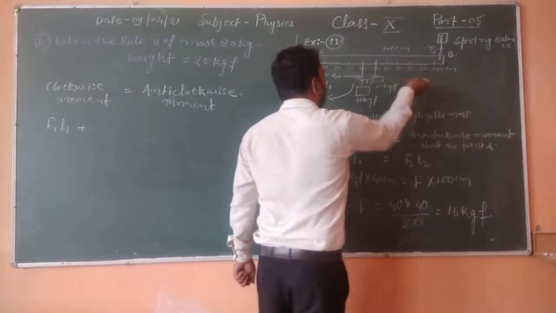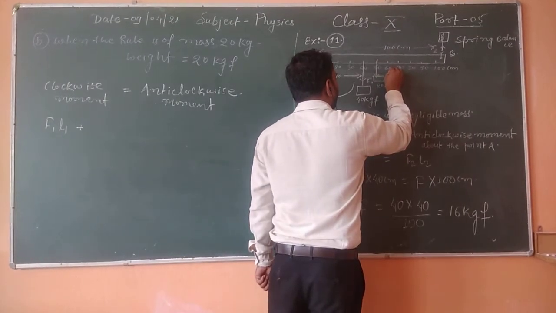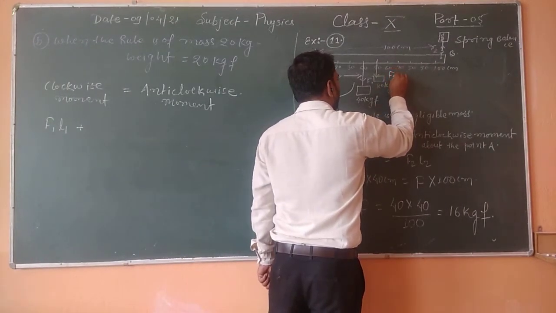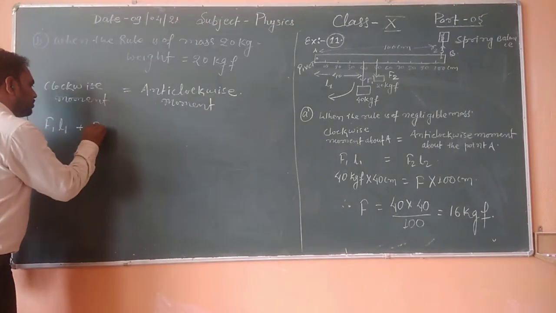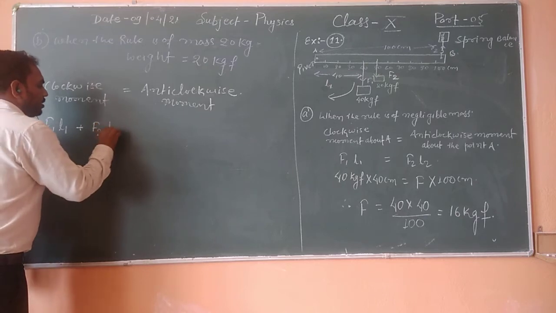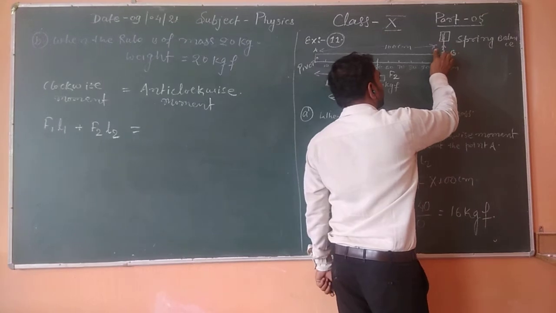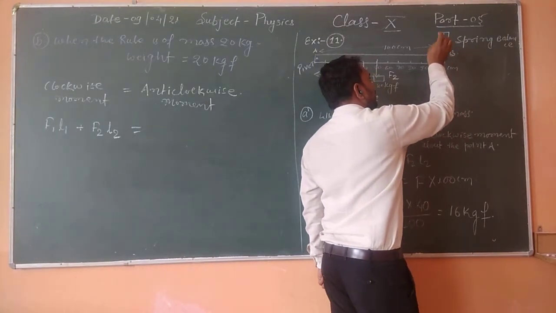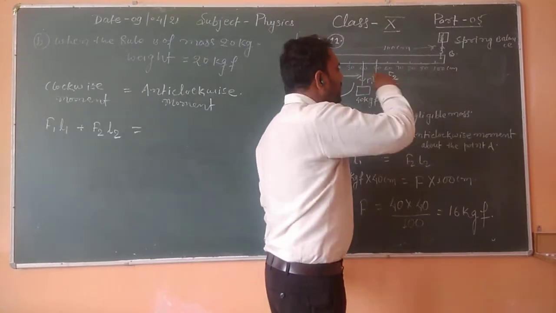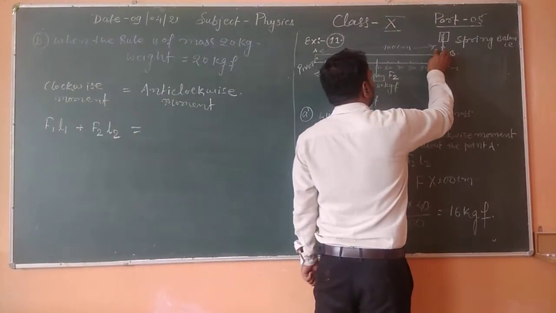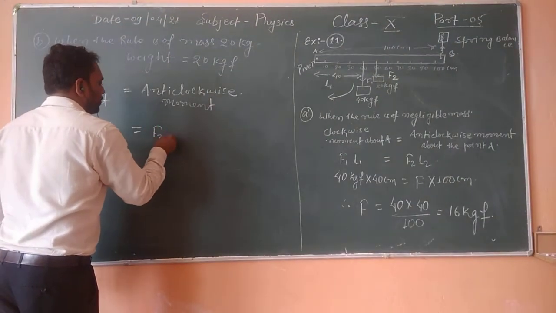I have taken F2 as this 20 kg, F2 L2, and the force applied by the spring balance to hold this ruler horizontal, I have taken as F, that is F3, L3.